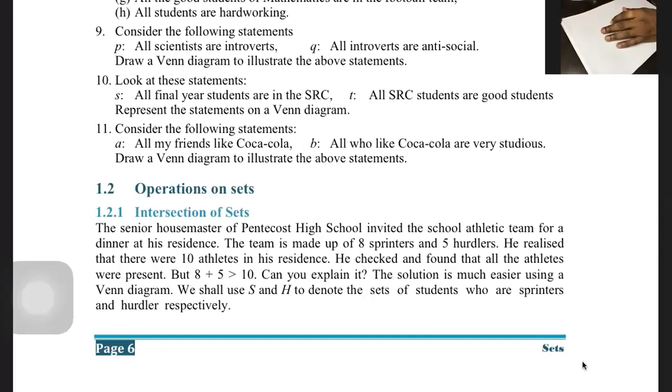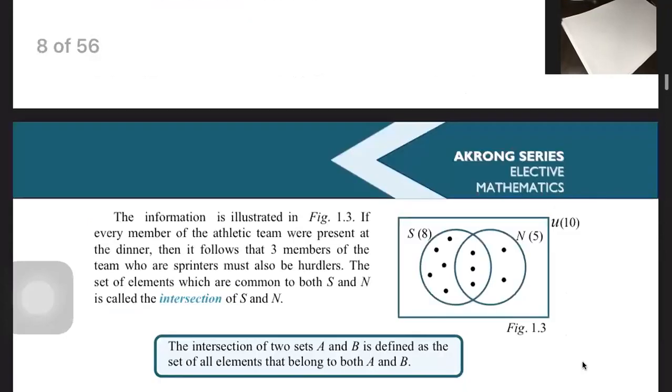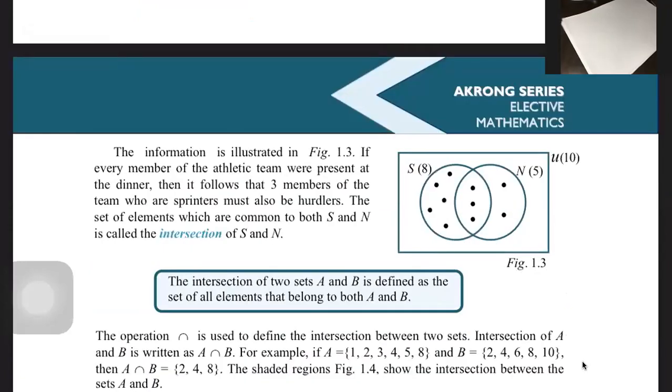So the solution is much easier using a Venn diagram. I use S and H to denote the sets of students who are sprinters and hurdlers respectively. So this is what we have on the Venn diagram. The information is illustrated, and it follows that 3 members of the team who are sprinters are also hurdlers.